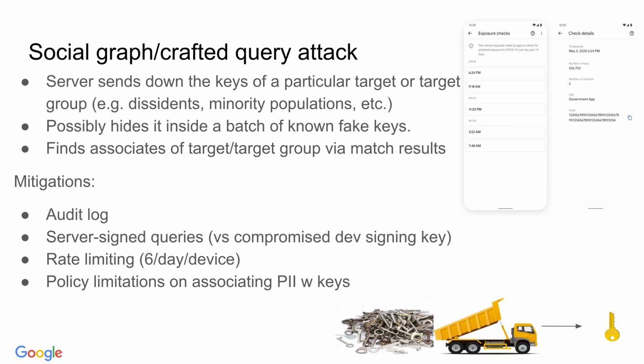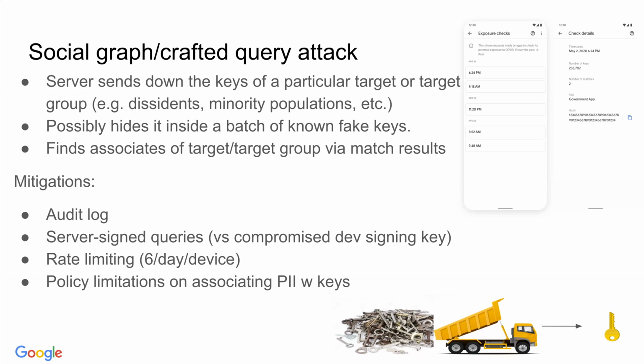So we've built several mitigations against this attack into the system. First of all, we provide an audit log of all queries that the healthcare authority app makes, or the hashes of those queries, that basically makes the queries more transparent and any abuse more observable.